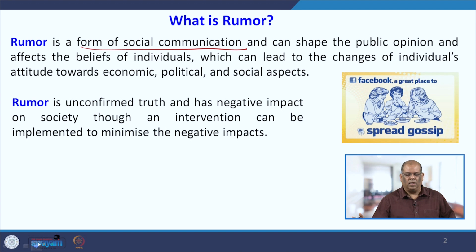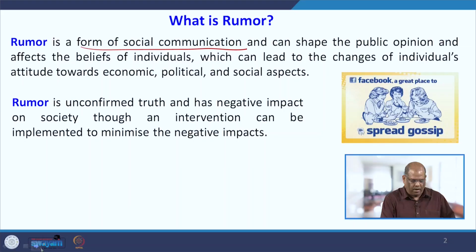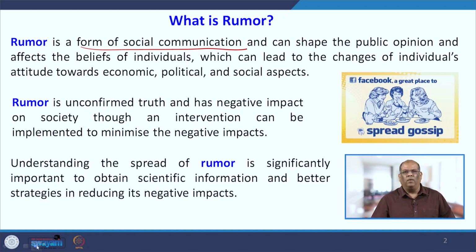A rumor is an unconfirmed truth and has a negative impact on society, though an intervention can be implemented to minimize the negative impacts. So, we will use a mathematical model here to understand the spread of rumor and to figure out strategies to reduce its negative impact on society.